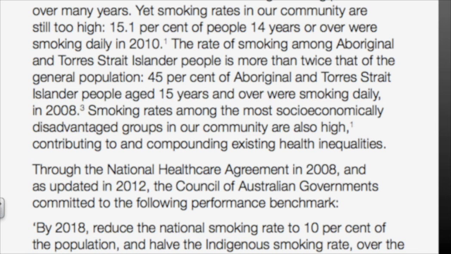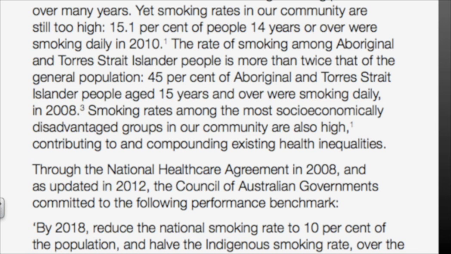Here are some more key statistics from the National Tobacco Strategy. I'm not going to read all this out except to highlight some of the key points. That's still 15% of Australians are smoking on a daily basis. And some of the inequities when it comes to health in this country is that 45% of HSC people are still smoking, and also people from a low socioeconomic status are smoking at higher rates than the rest of the country.